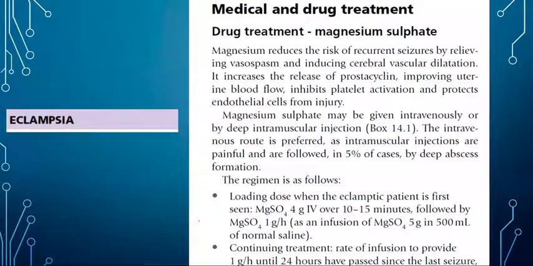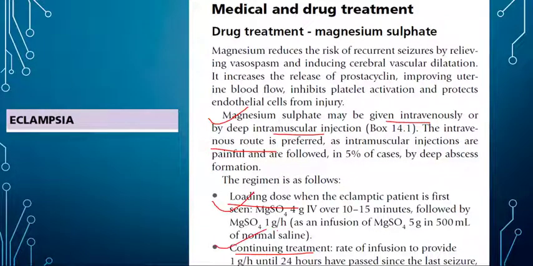Now, if it is an eclamptic patient, obviously eclamptic patient is the highest risk of fetal complication. So if a patient develops eclampsia, you have to give them magnesium sulfate either by IV or intramuscular. IV is much preferred. There is a loading dose and maintenance dose. We just discussed this. Please remember the dose of this one.